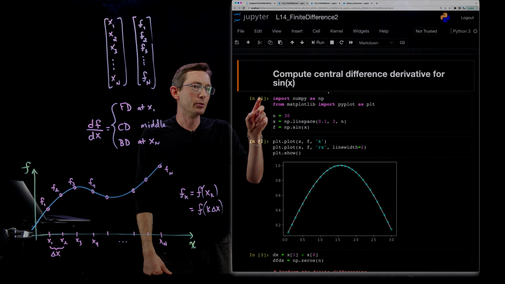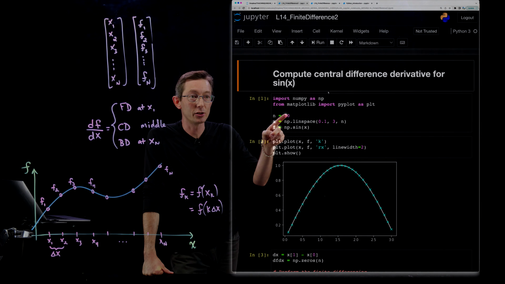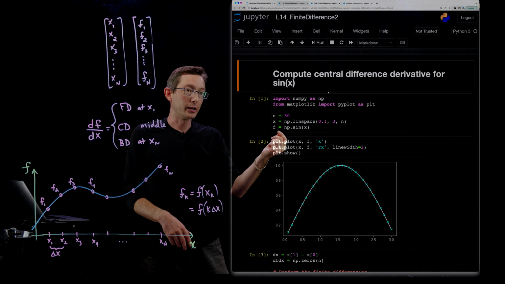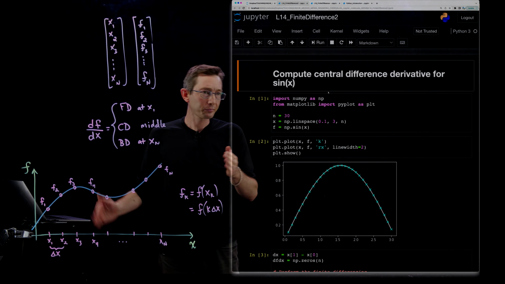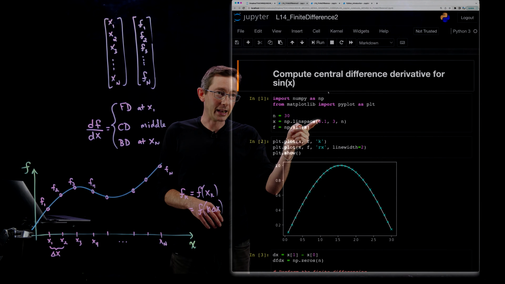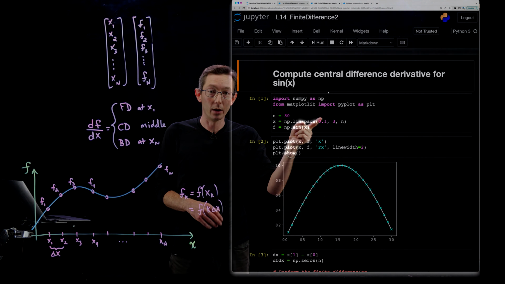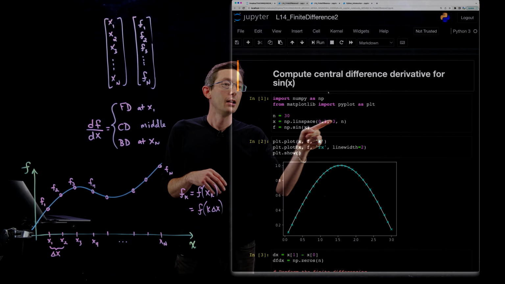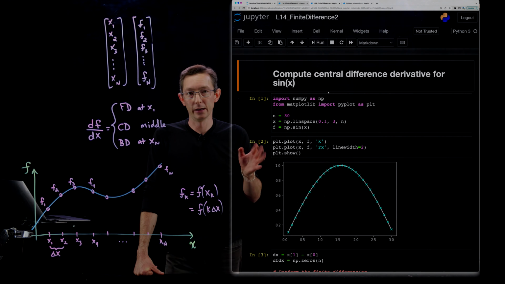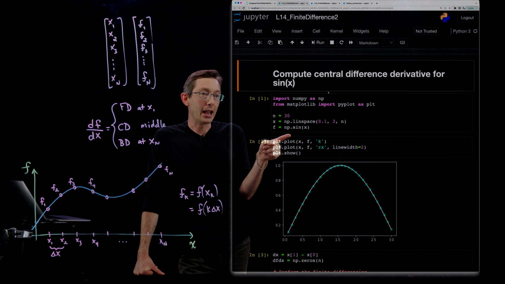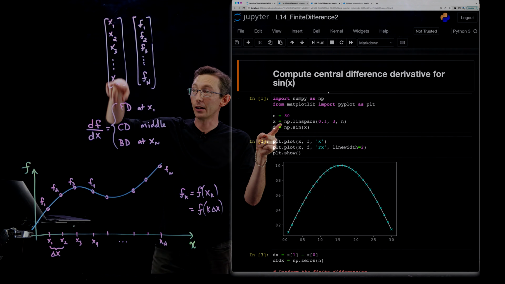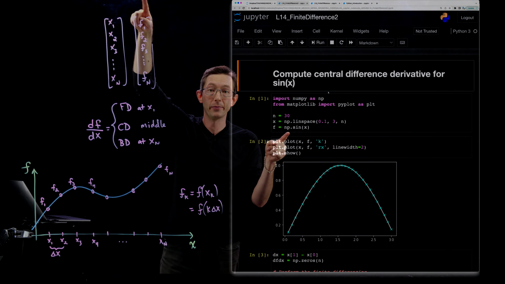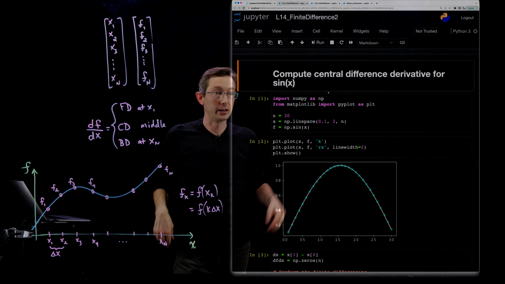Okay, so here we're going to basically assume we have n equals 30 data points, and we're going to create this kind of spacing, with a spacing of something like 0.1. Delta x is going to be 0.1, and we're going to go up to 30 data points. And we're going to evaluate that vector of x on sine of x. So this is going to return a vector of f values for sine of x.